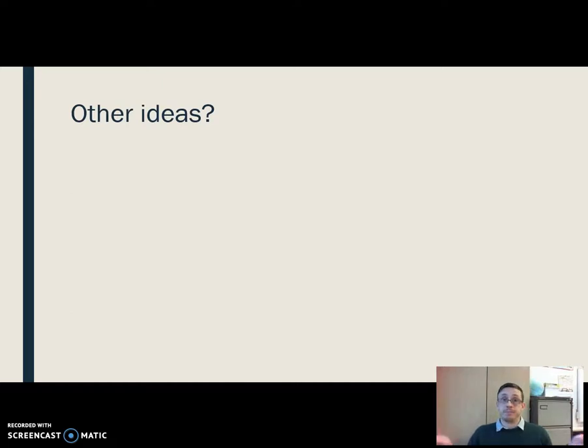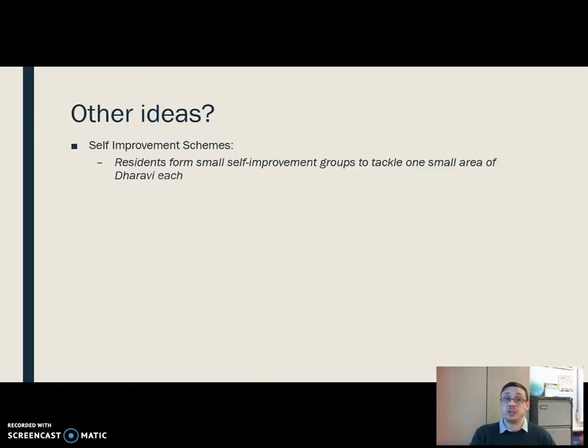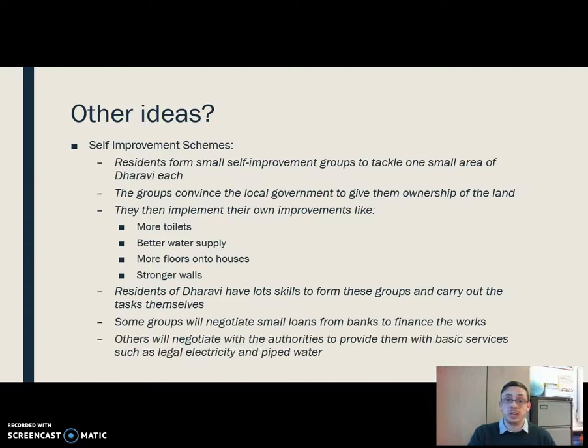So, other thoughts, other ideas. One of the big ones is the idea of putting in self-improvement schemes. The residents of Dharavi get together in small groups and they look at one small area of Dharavi. The groups talk to local government, they try and petition for ownership of the land, and they then put in improvements: more toilets, improve the water supply, expand people's houses, reinforce the buildings themselves.